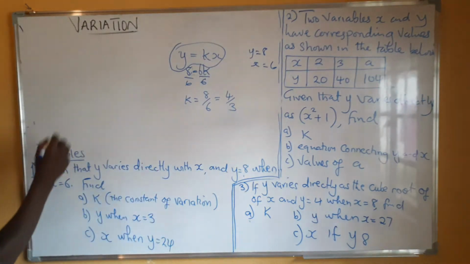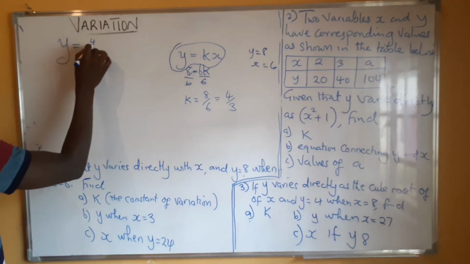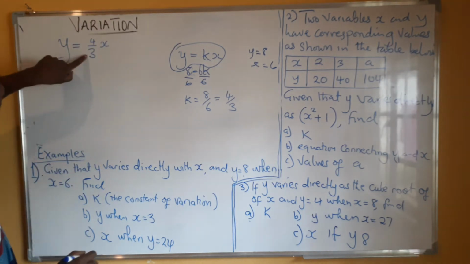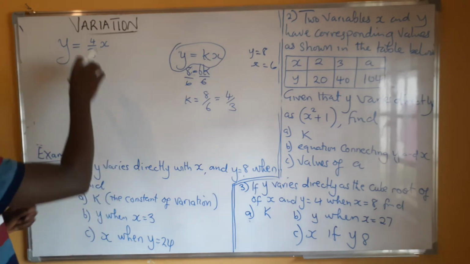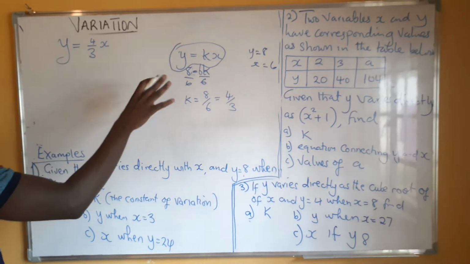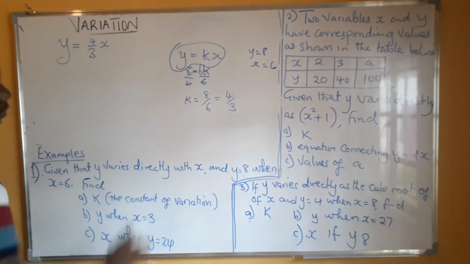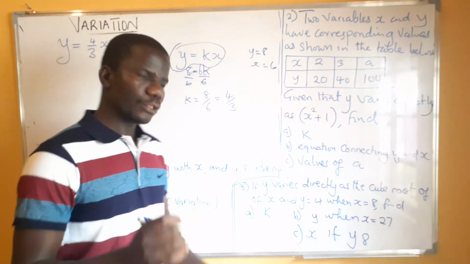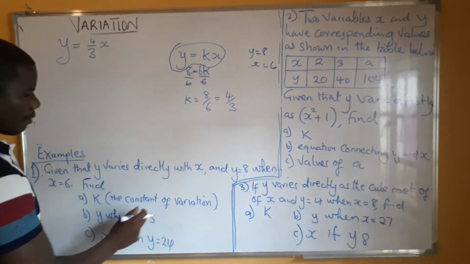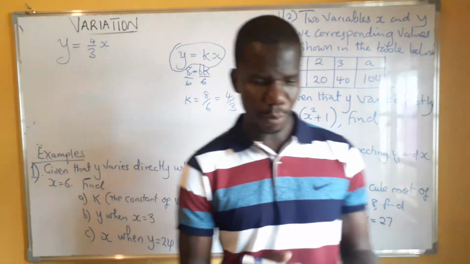So the equation that we are going to work with is y equals 4 over 3 multiplied by x. Going to the subsequent questions, we are going to be using this equation to find either y or x, because now we have found the value of k, which is the constant. So as the answer to the first question, which is k, the constant of the variation, this is what will be our answer. I hope we are together here.